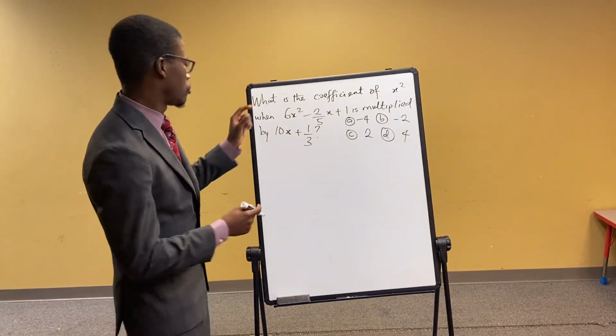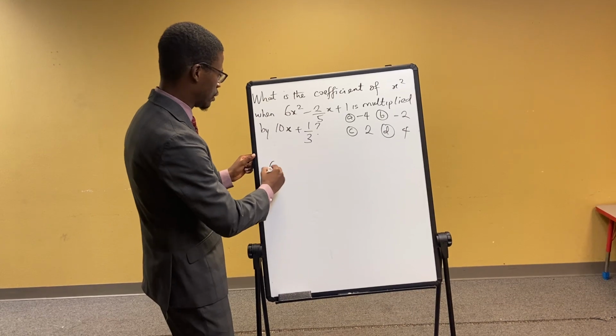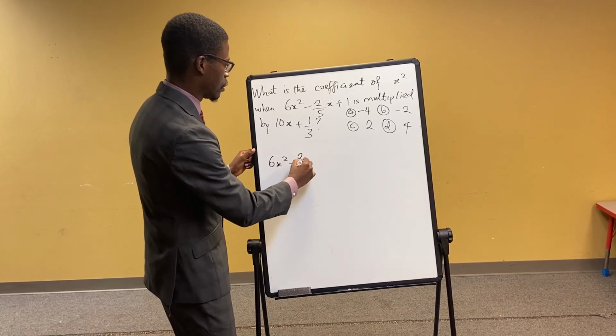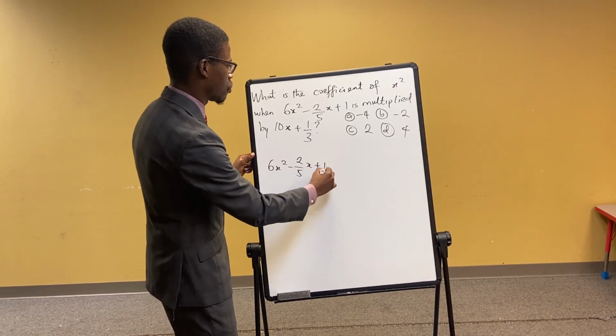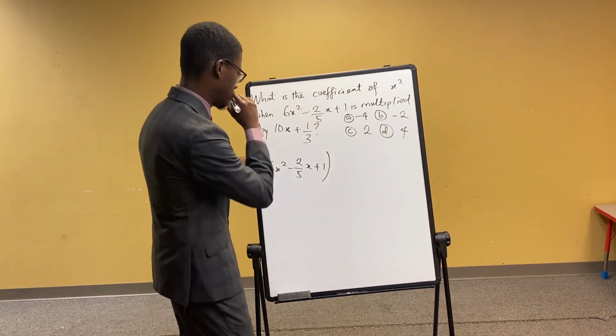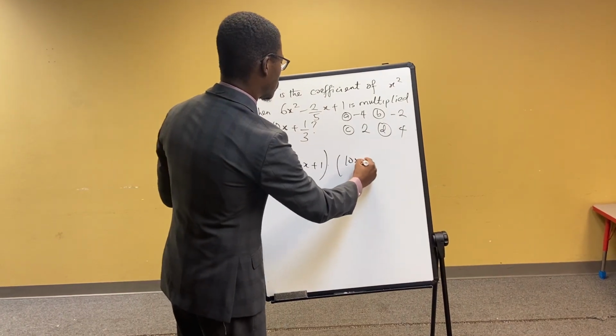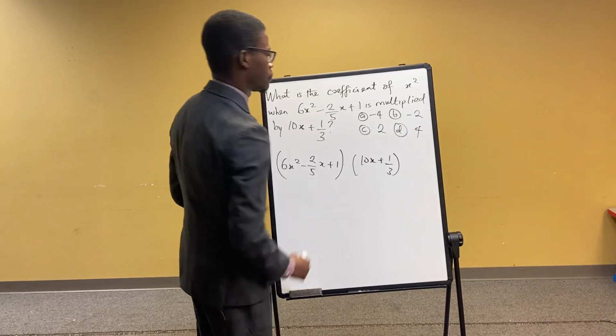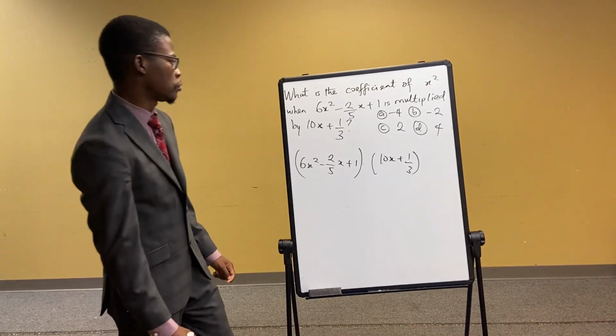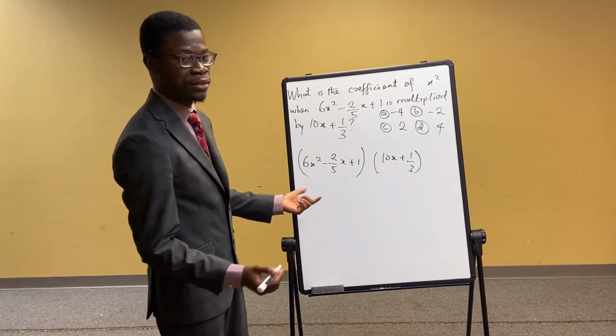It says we multiply 6x squared - 2 over 5x + 1 by 10x + 1 over 3. Okay, so let's go ahead and expand this, right?